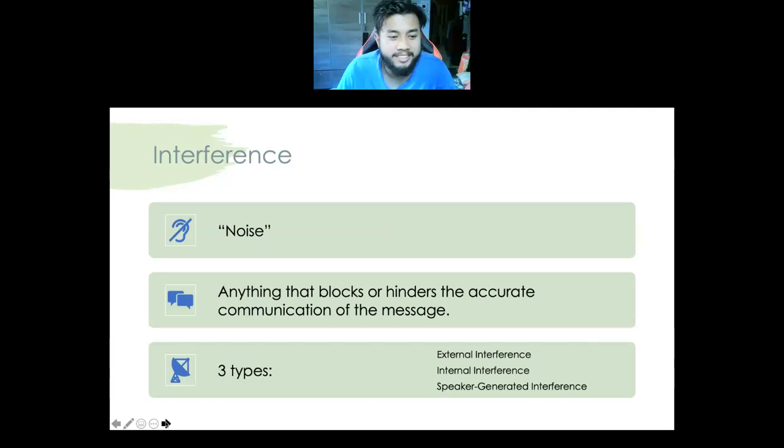Noise represents disturbance, meaning something that may lead you not to be focused during your public speaking. So far so good, everyone?